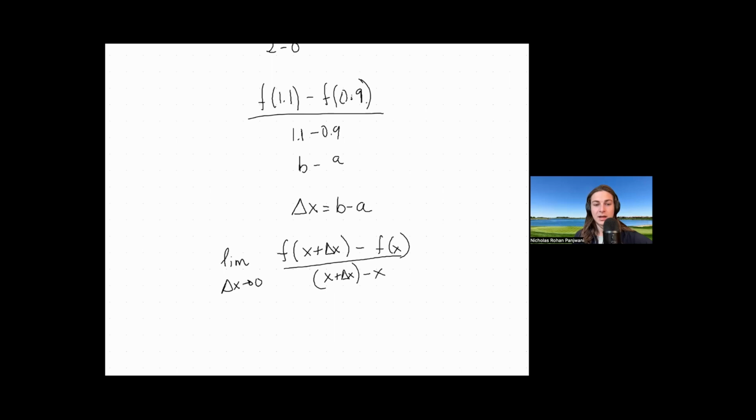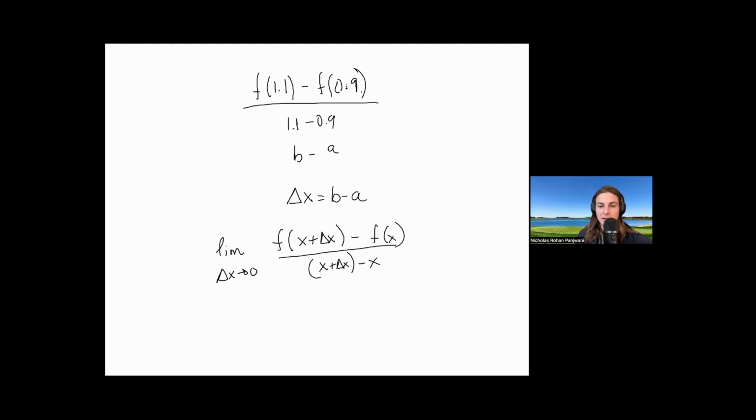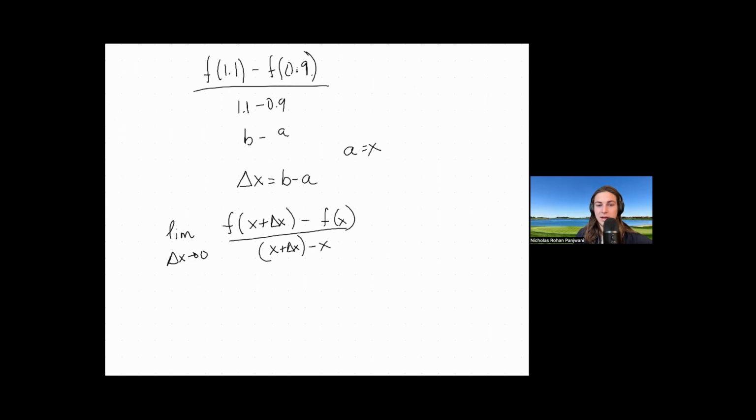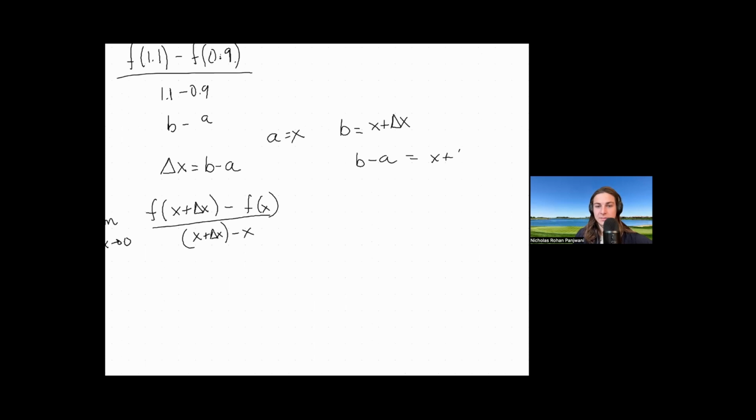This is akin to where a is equal to x and therefore b is equal to x plus delta x. So then b minus a is equal to x plus delta x minus x.